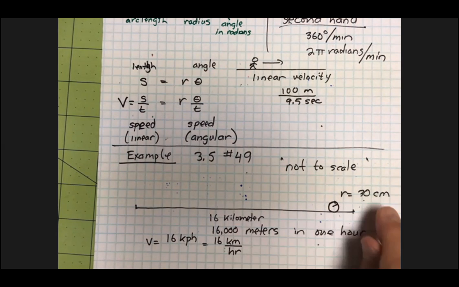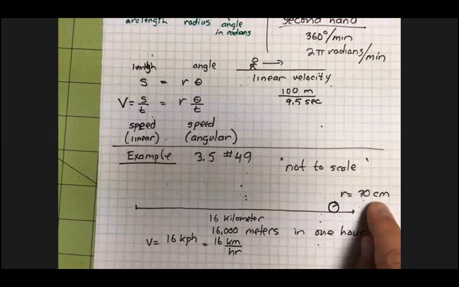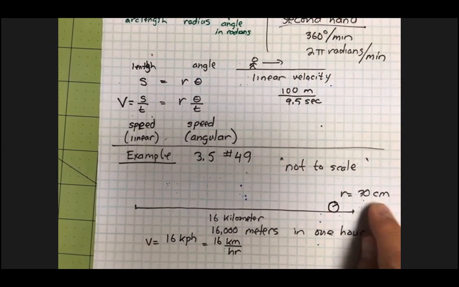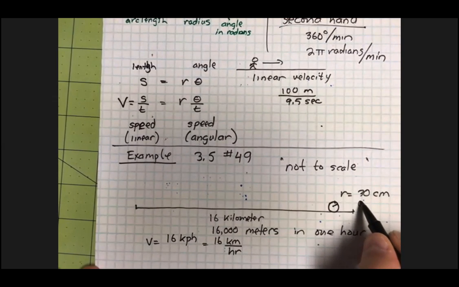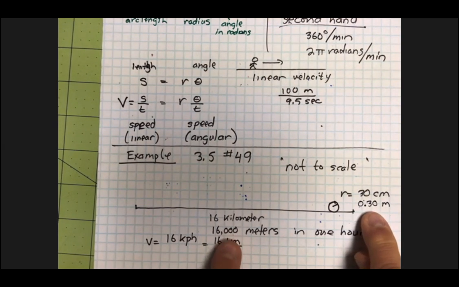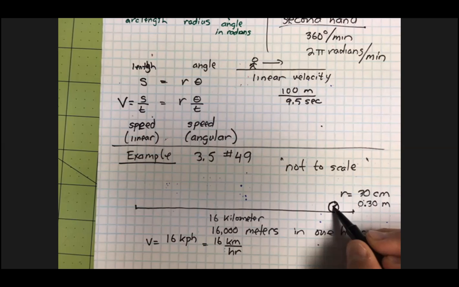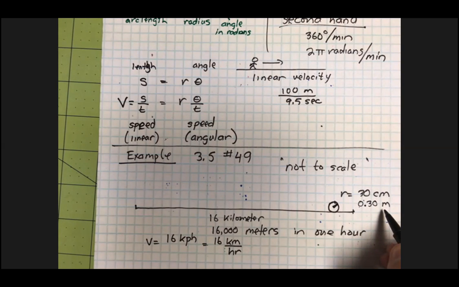Kilometers, very large. Centimeters, relatively small. A centimeter is 1/100th of a meter. So if I want to express this in meters, this is 30 parts per 100, or 0.30 meters. Not even half a meter. So this distance, 16,000 meters. The radius of this bike tire, 0.3 meters.